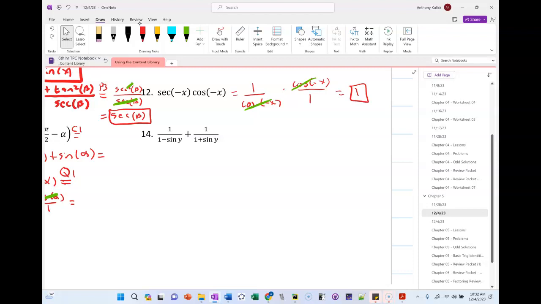If you have 2 fractions that are being added, to add them you need to have... that's what we're going to do first, is make a common denominator. What would the common denominator here be? Or do we have to multiply the top and bottom?